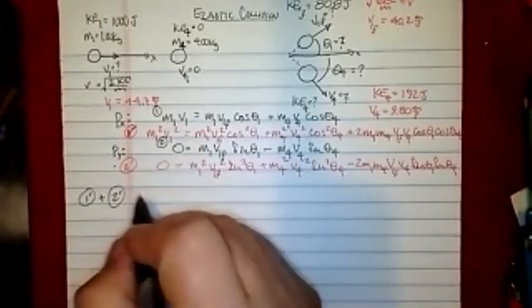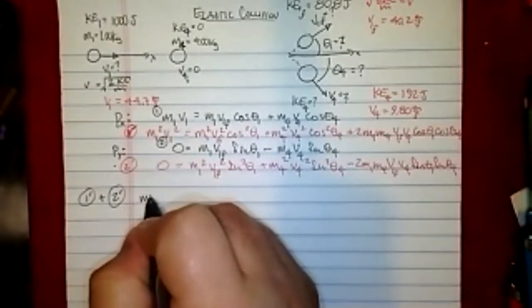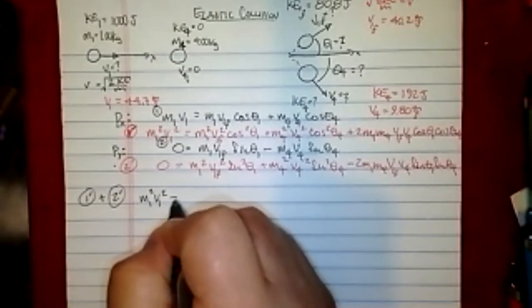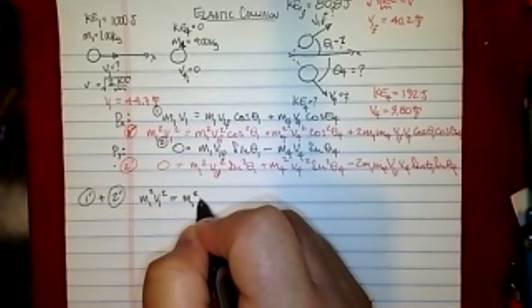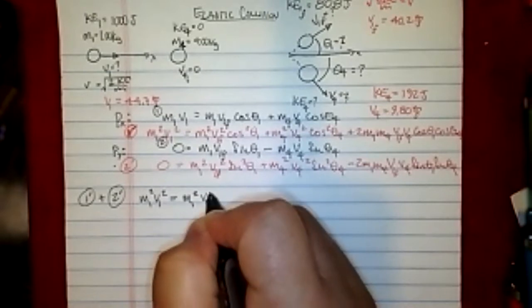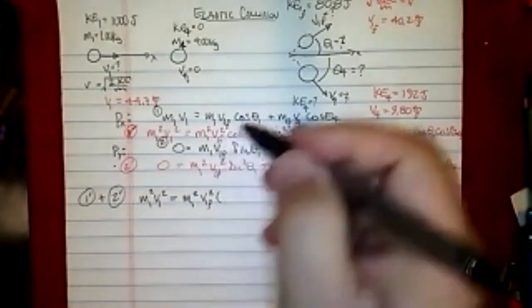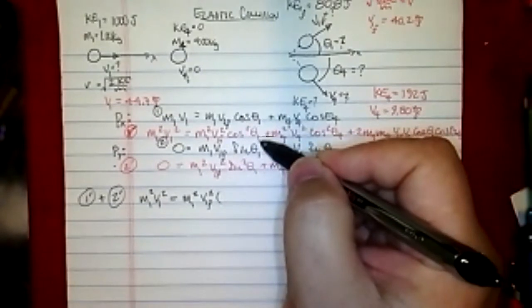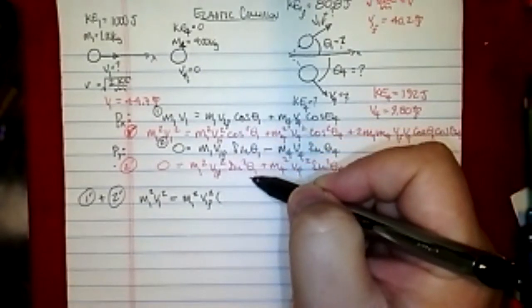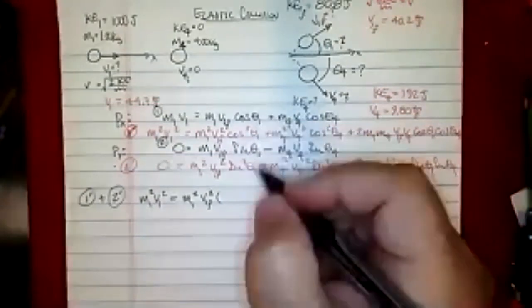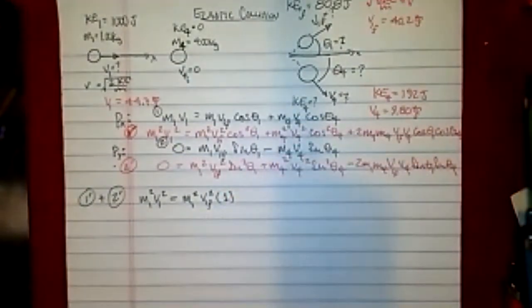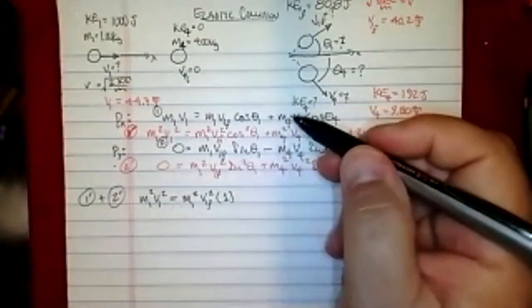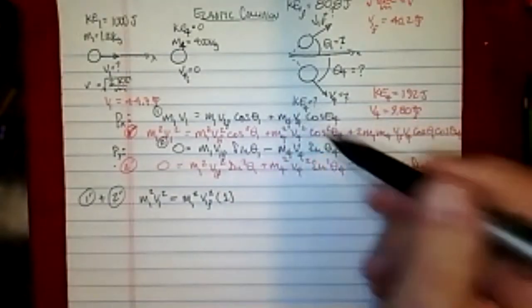And from that, I'm going to get m1 squared v1 squared is equal to m1 squared v1 final squared. And of course, that's going to be cosine theta 1 squared plus sine theta 1 squared, but sine squared plus cosine squared is just 1. So I'm just going to leave this as a 1. Same thing's going to happen with this one.